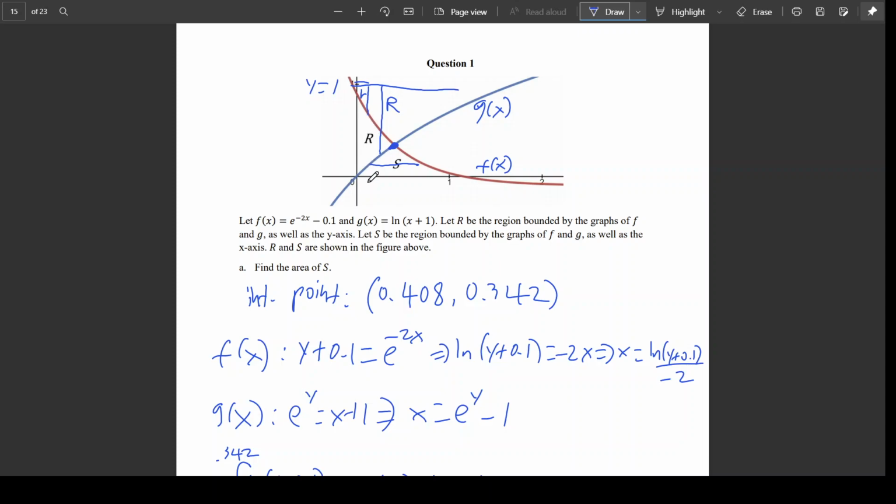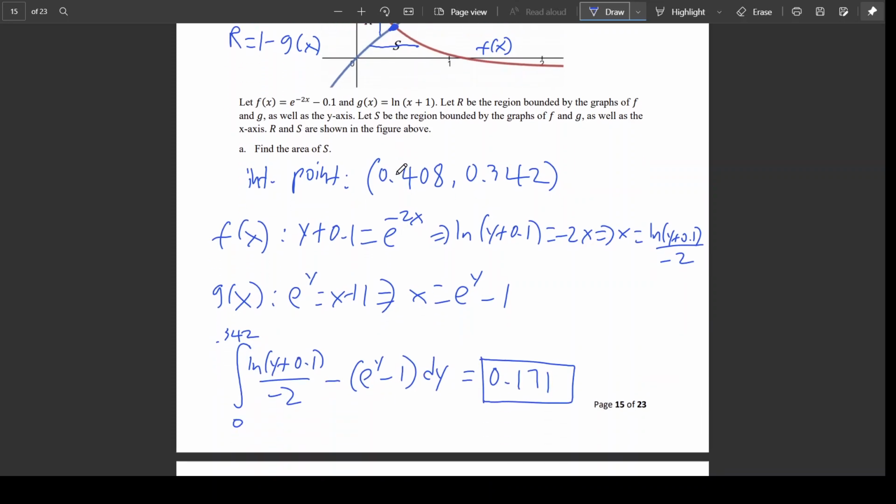So this distance is f of x, and I'm subtracting that from 1. So this is 1, and this is f of x. This is 1 minus f of x. So little r is 1 minus f of x. Similarly, I can say this whole distance is 1, and this distance here is g of x. So the big R is 1 minus g of x. That'll give us this leftover distance after we subtract out the g of x part.